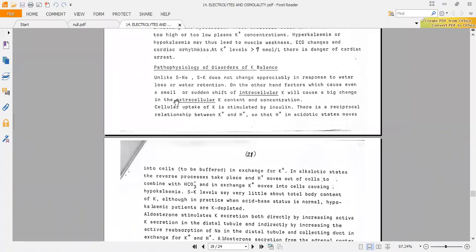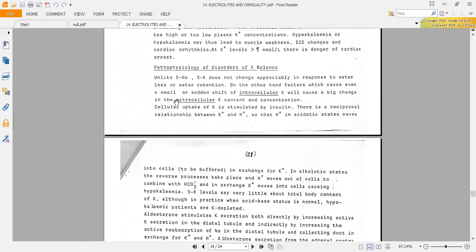So all the conditions that come with high levels of aldosterone will lead to a situation where you are going to reabsorb sodium. If you reabsorb sodium into your blood, you have a high sodium level, which is hypernatremia. Two, it's going to cause you to lose potassium, so the potassium levels in your blood will go down.